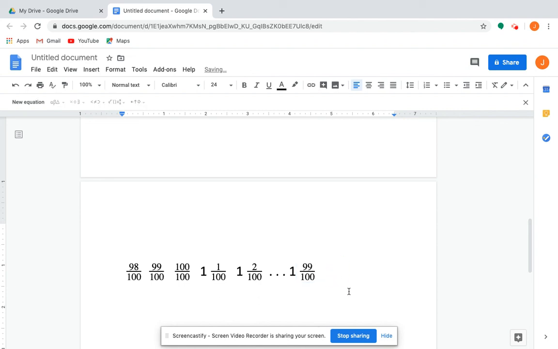What would come next if we added one more hundredth? It would be 2 and 0 hundredths, or just 2 wholes.